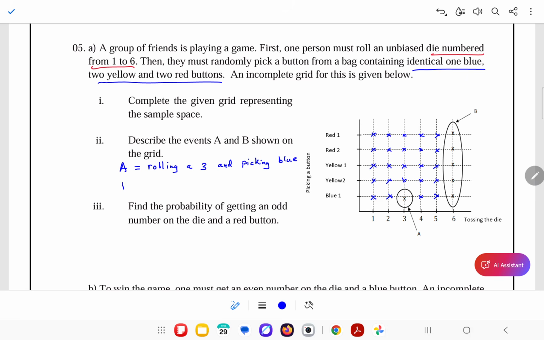Then B is what? B is you are rolling a 6 and picking any color. Doesn't matter. Rolling a 6 and any color.